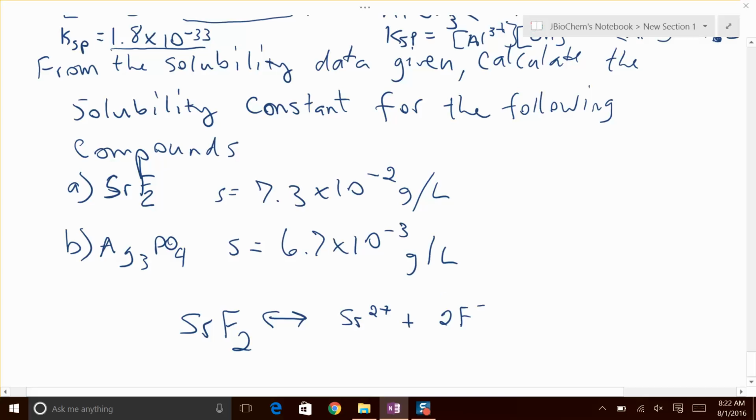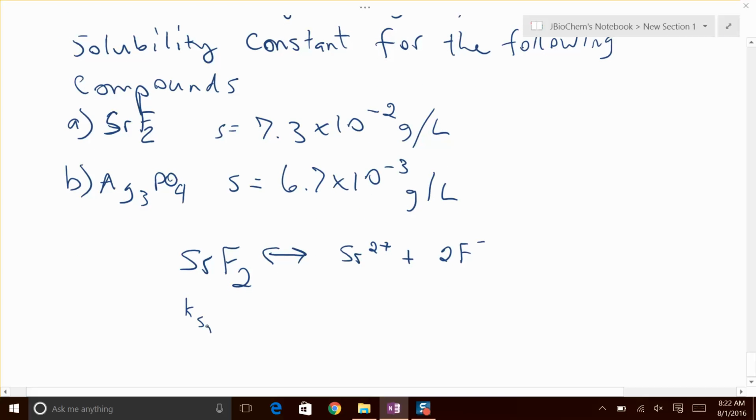So the KSP here is equal to the concentration of Sr2+ times the concentration of F minus squared, right? If we simplify that, KSP equals what? 7.8 times 10 to the negative second cubed.